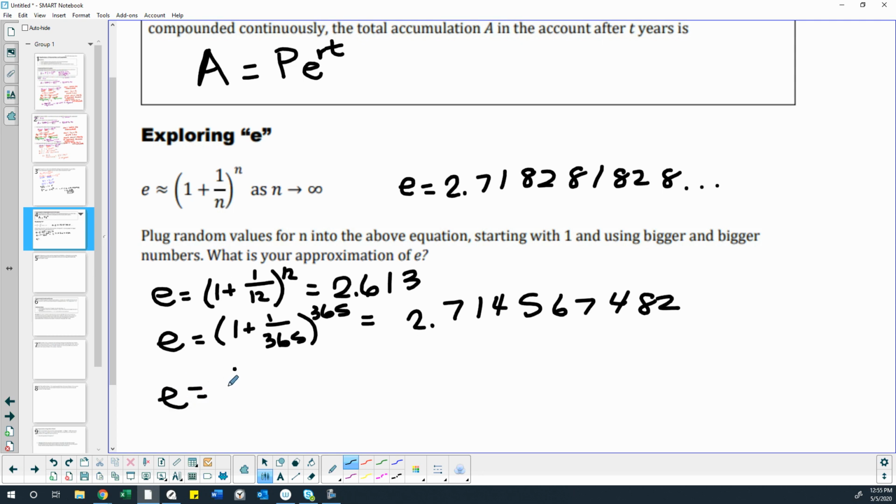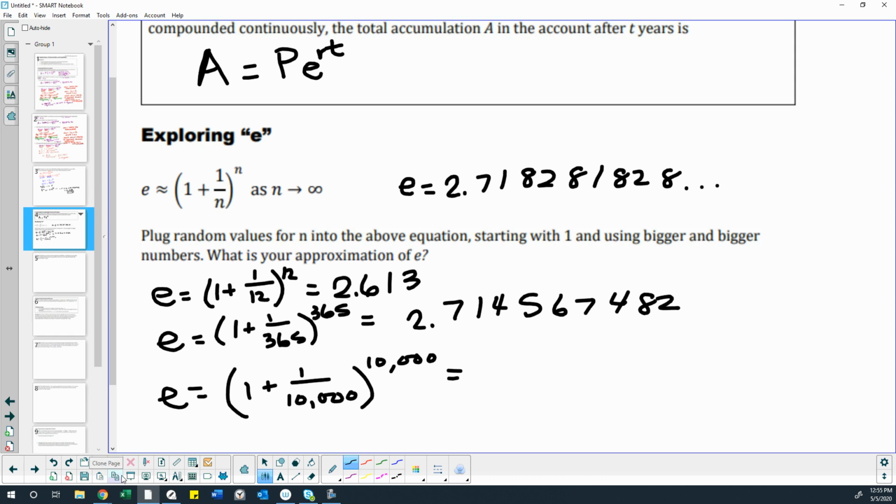Let's not worry about what the time frame is. Let's just choose a really big number to plug in here. Let's maybe do like 10,000. I was going to go ahead and say let's multiply 365 by 24 and do this hourly, but it's okay. Just pick a big number to see that the bigger number we plug in, the closer we get to the value that our calculator tells us is accurate.